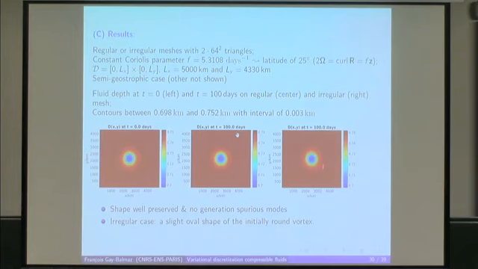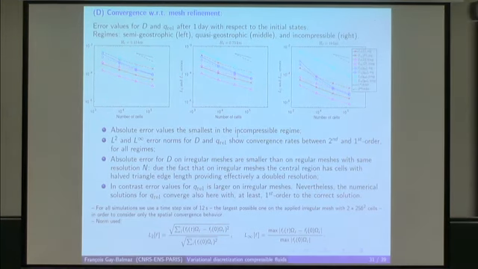After 100 days, it hasn't moved too much. It has deformed a little bit, but after 100 days only. Also, you have to remember that this is an irregular mesh discretization. We also observe that there are no spurious waves emitted from this, which is good news.